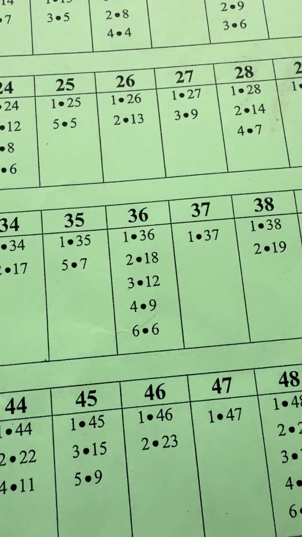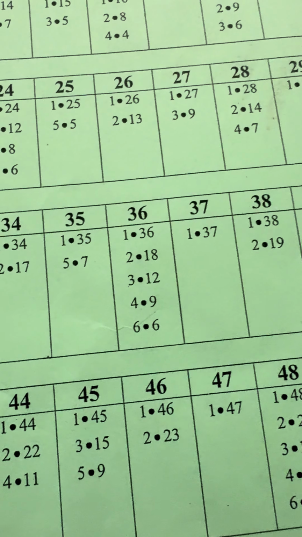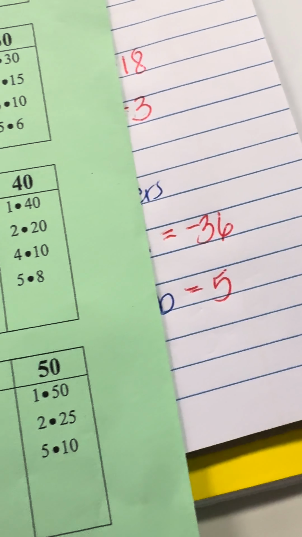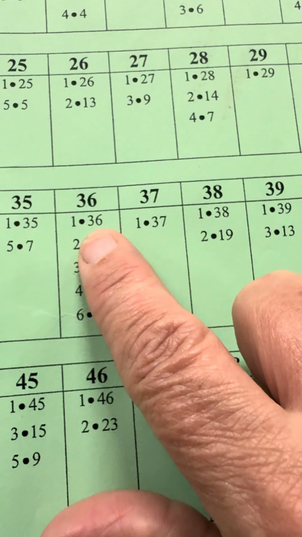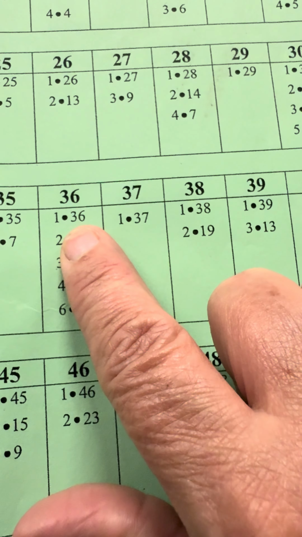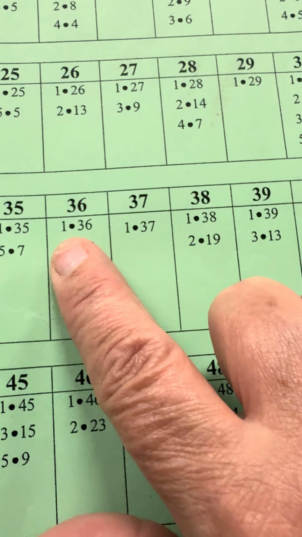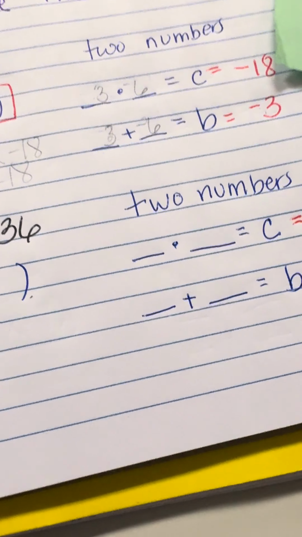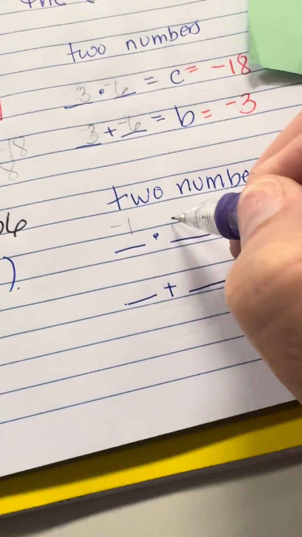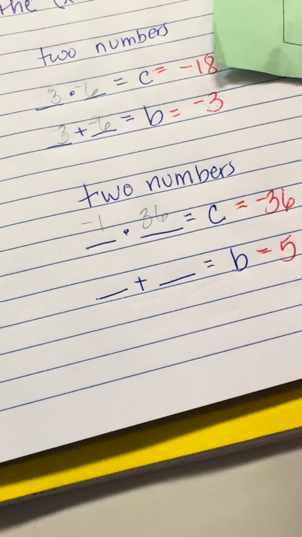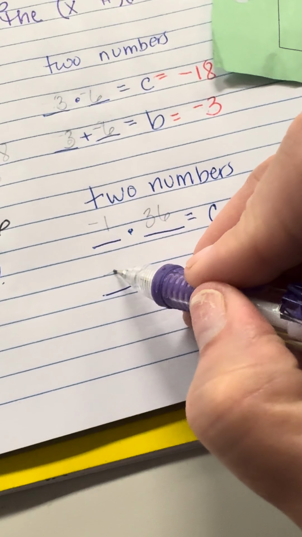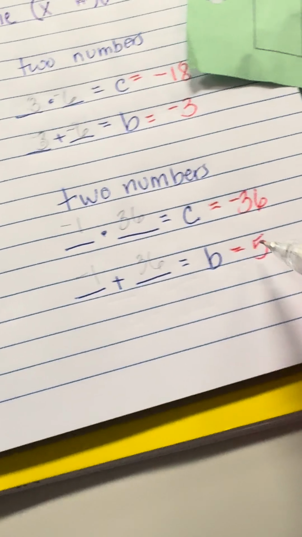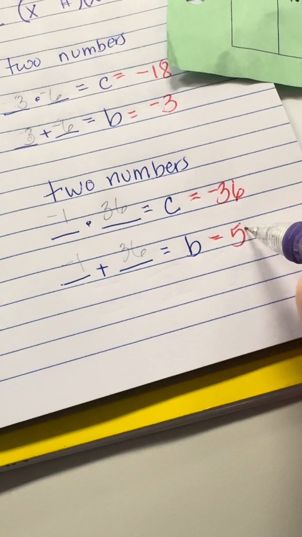I need 2 numbers that multiply to give me a negative 36, which means one of these is going to have to be positive and one is going to have to be negative. So if I try negative 1 and 36, that multiplies to give me negative 36. But negative 1 plus 36 gives me a positive 35.